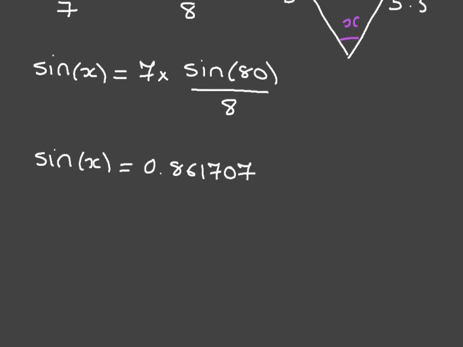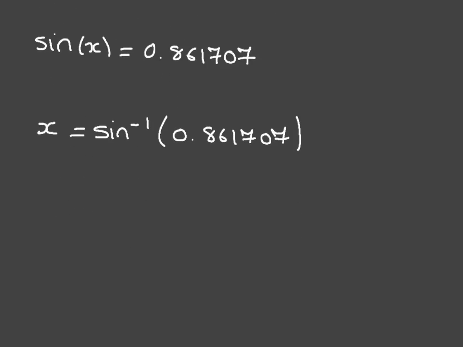To find x, we use the inverse sine function, also known as arcsine. We say that x is equal to the inverse sine of 0.861707. Using our calculator and rounding to one decimal place, we find that x is equal to 59.5 degrees. And there we have it.